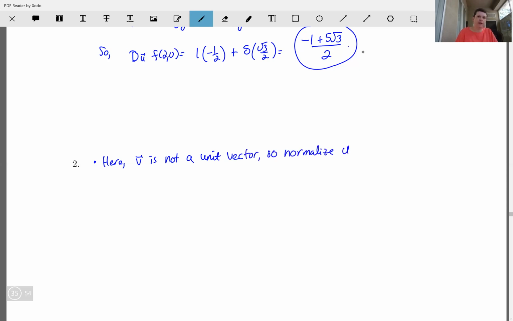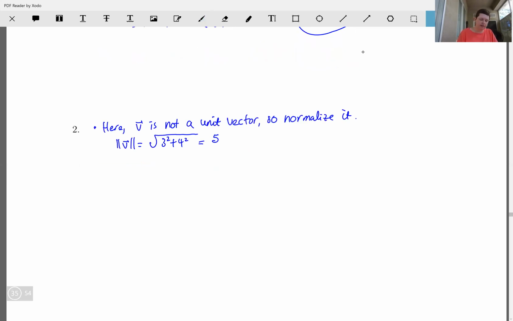What is the norm of v, or the magnitude of v? Should be able to figure that out fairly quickly, right? We get 3 squared plus 4 squared, take the square root of that, which gives us 5. So our unit vector u then is going to be the vector (3/5, 4/5).